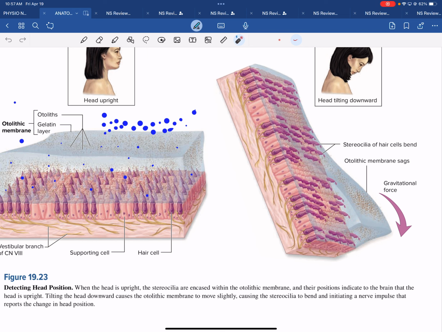And then when they bend, that causes the potassium to rush in, which causes the depolarization of the cell. And that's how your brain knows that your head is tilted, versus it being static.